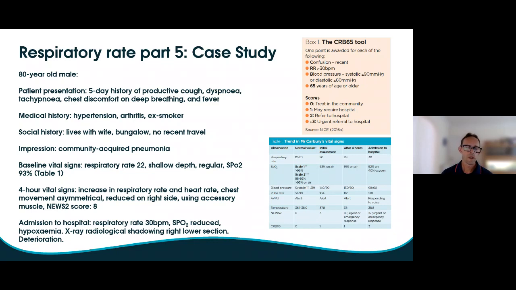The medical history is just hypertension, arthritis, and they are an ex-smoker. Social history: the patient lives with his wife in a bungalow, with no recent travel. The impression is that the patient possibly has community-acquired pneumonia.